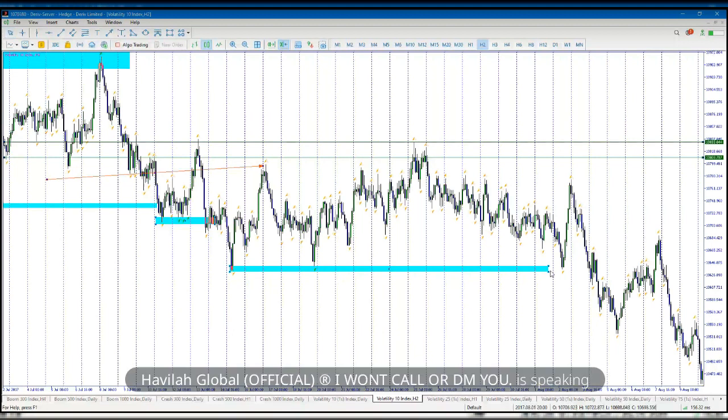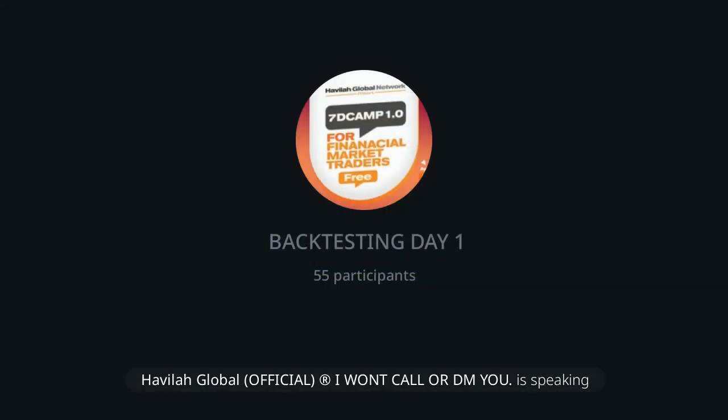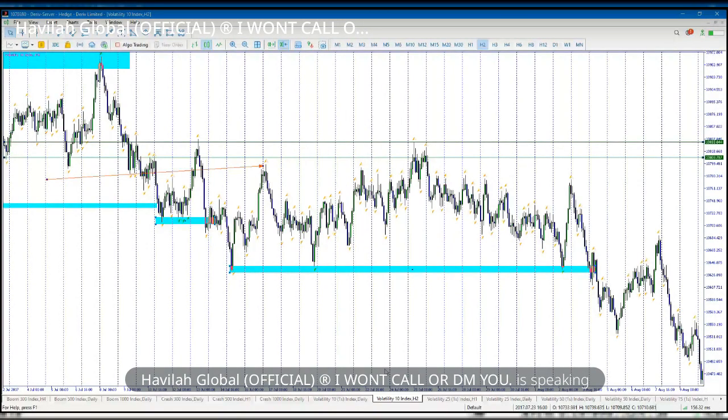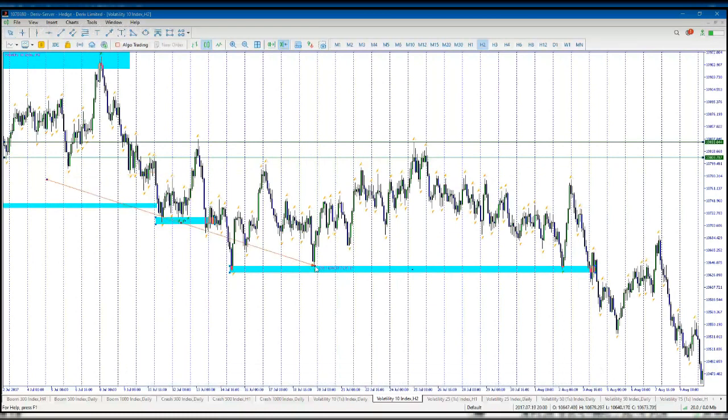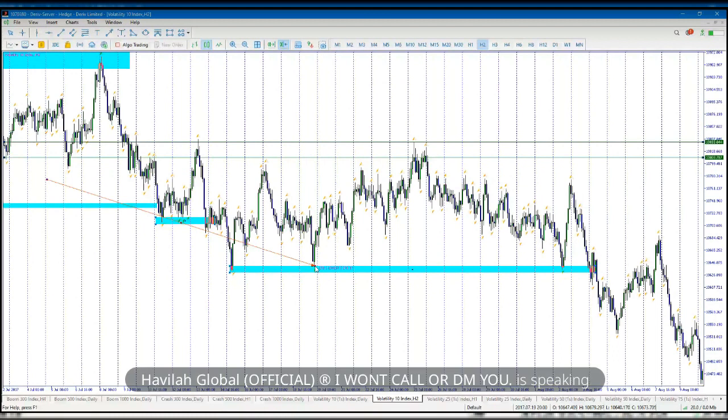Are you guys seeing what I'm saying? This structural point is still intact. Yes, the guy came to tap it, but didn't break it.